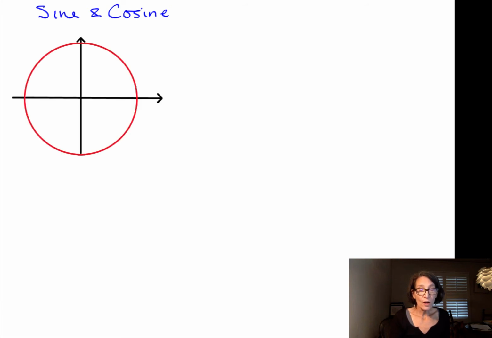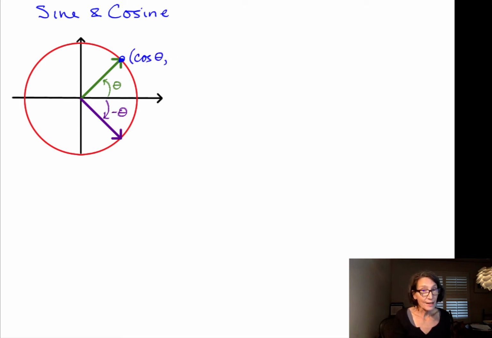So I'm going to do a little review of the unit circle. So here's a unit circle. That's a circle with center at the origin and radius 1. So if we look at a positive angle theta, and look at its opposite, the angle negative theta, the point on the unit circle where the terminal side hits the unit circle has x and y coordinates.